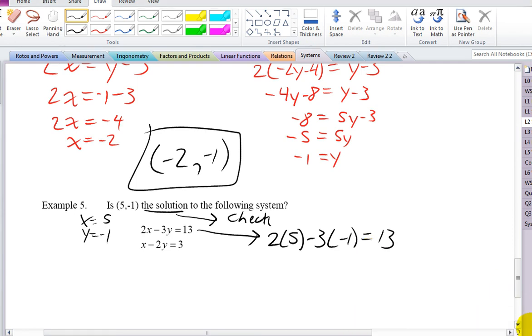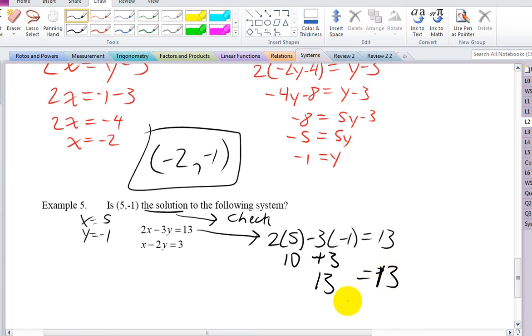Hands up if you think it's a solution. How come no one's hands up? Oh. How many lines did you guys check? One. Huh. Last time I looked, there's 2. Don't just check one, you gotta check them both. Because you're right, 10 plus 3 is 13, and that equals 13.